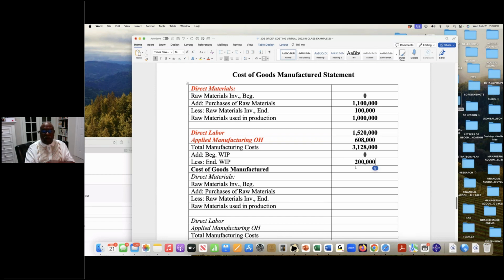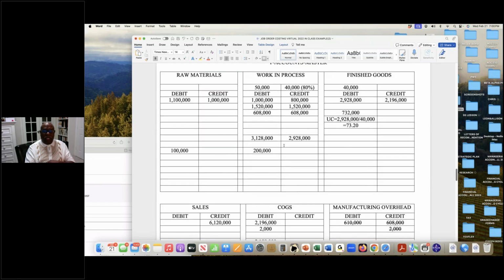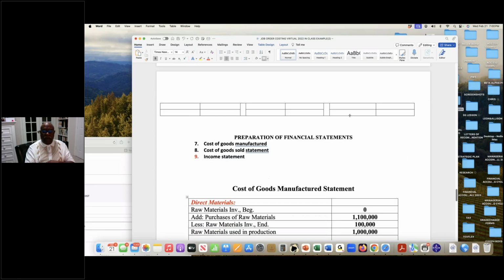And so therefore, cost of goods manufactured is 2,928,000, which is that number we transfer to finished goods. So you already got the answer in terms of what the cost of goods manufactured is going to be.